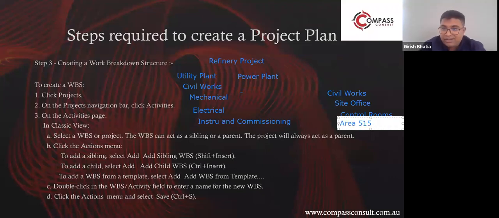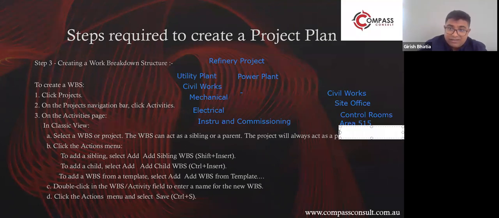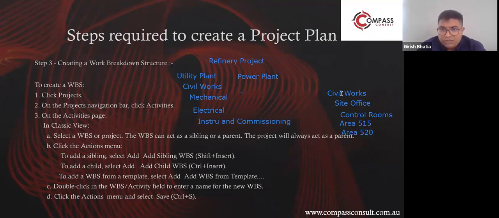So basically this is an area which is having a certain amount of pipe racks. This is a breakdown structure. Then there is something area 520, so on and so forth. So basically these are all the WBSs.